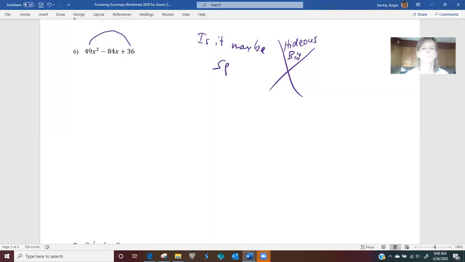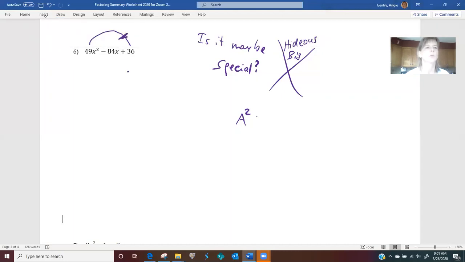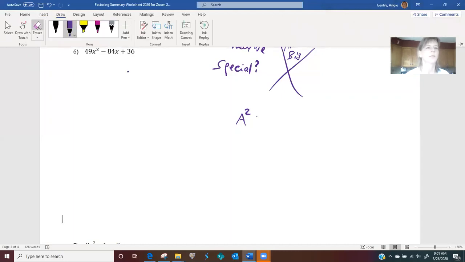And you're going to say, well, if it's special, then you're going to be able to use that formula. We have two formulas. This is a perfect square trinomial, possibly. I'm not saying it is, but I'm going to say possibly it's a perfect square trinomial.